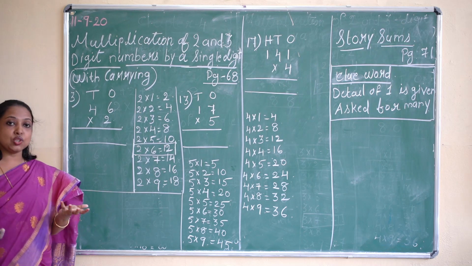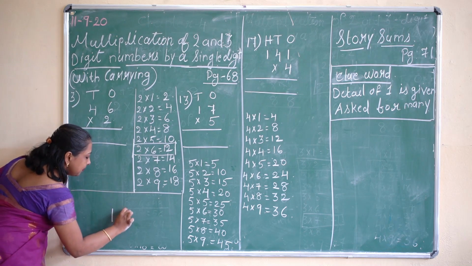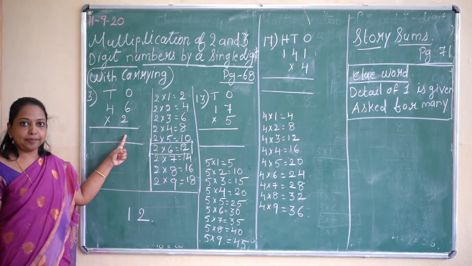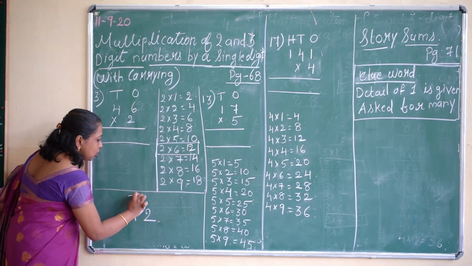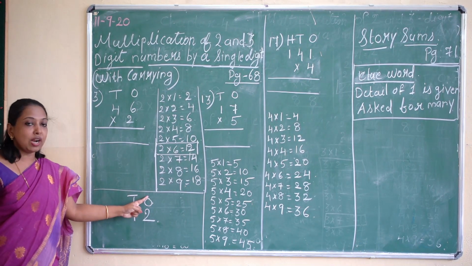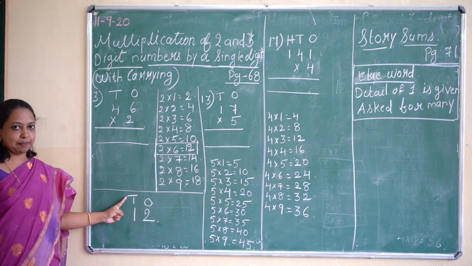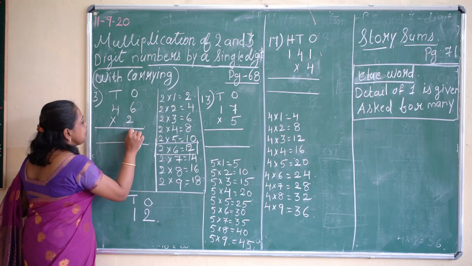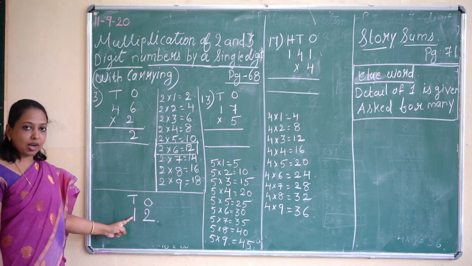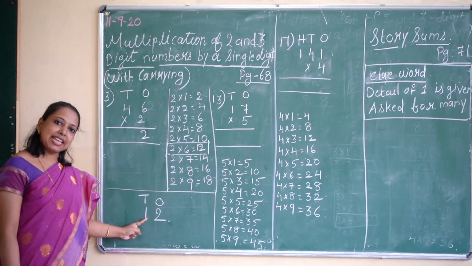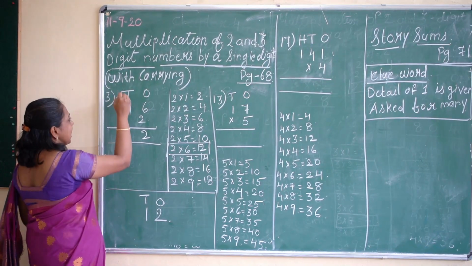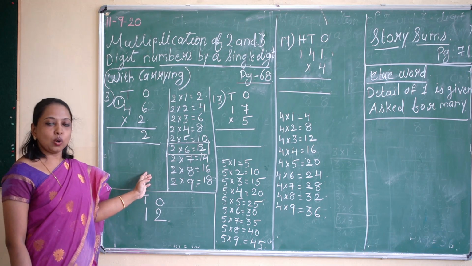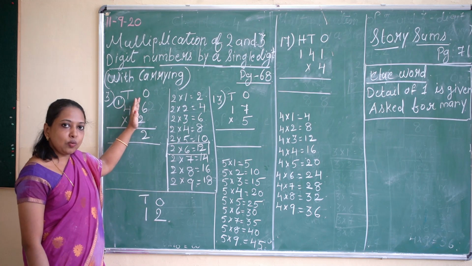Because in 12 there are 2 digits, I can write only 1 digit in the ones place. So in 12, we already know 2 at the ones place and 1 at the tens place. So we can write 2 in the ones place. And what about this 1? It is carried over to the tens place. Just like addition, we do the carryover in multiplication also. Now the first step is over.